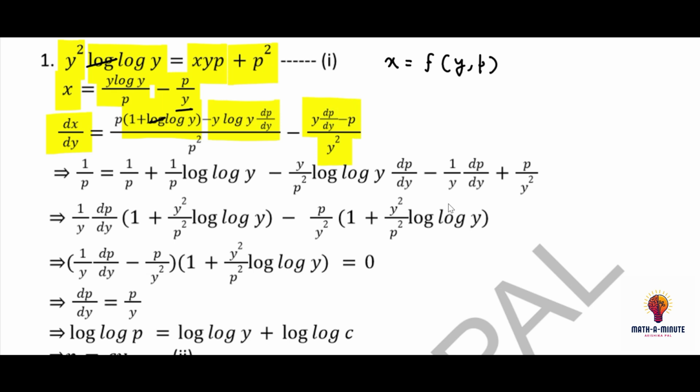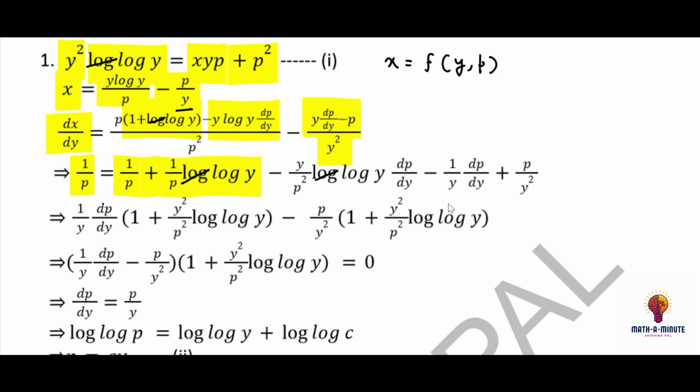Okay, now we have to simplify this equation. So it will be 1 by p on the left hand side, and on the right hand side it will be 1 by p plus 1 by p log of y minus y by p squared log of y dp/dy minus 1 by y dp/dy plus p by y squared.